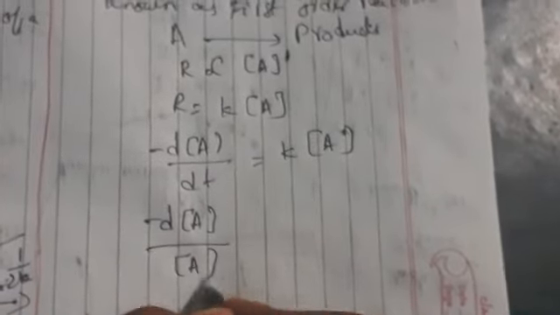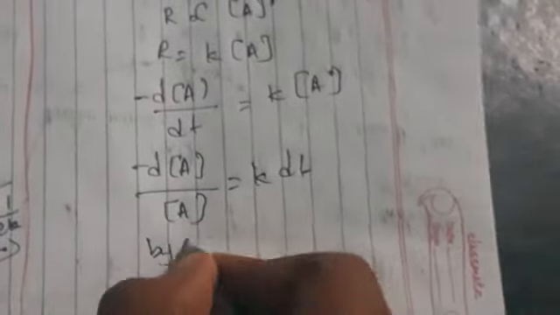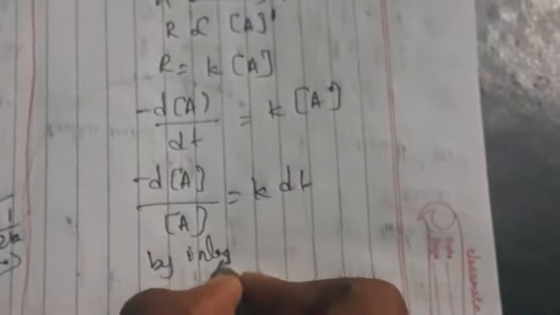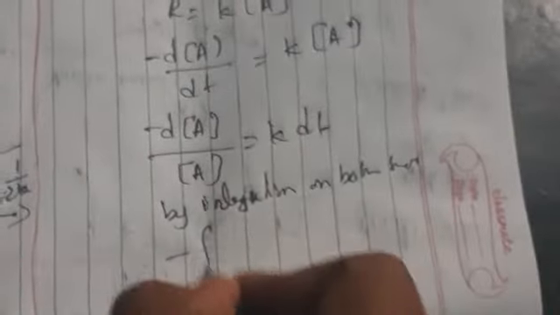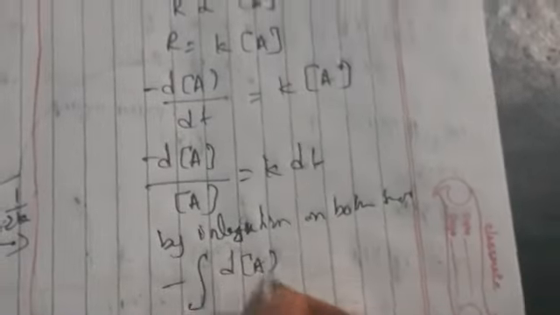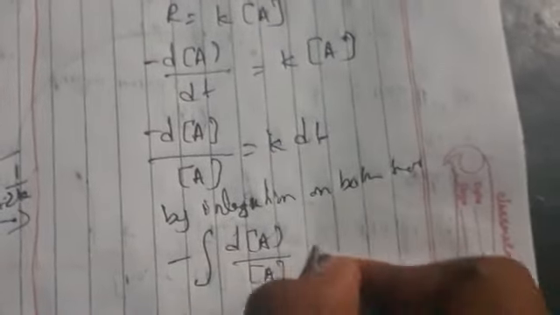Let us bring the A terms to one side: d[A] by [A] is equal to K into dt. By integrating on both sides, you will get minus the integration of d[A] by [A] is equal to K into dt.